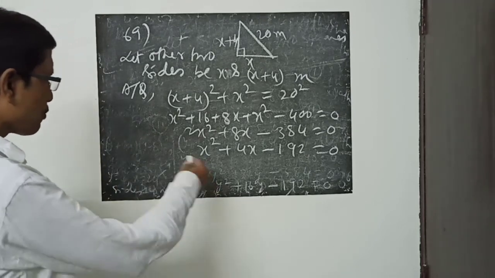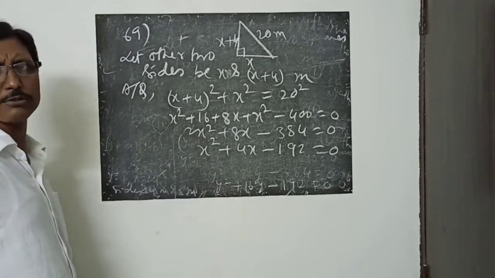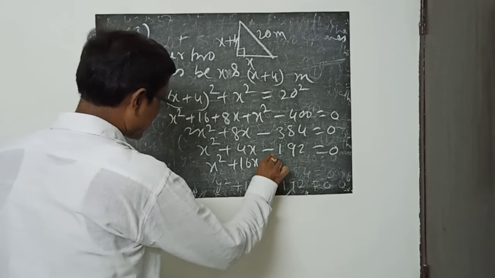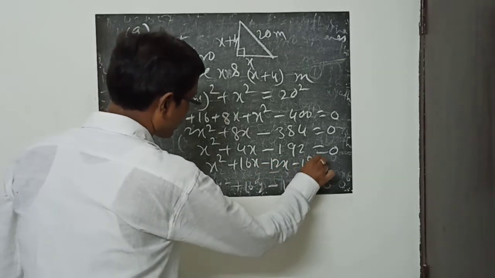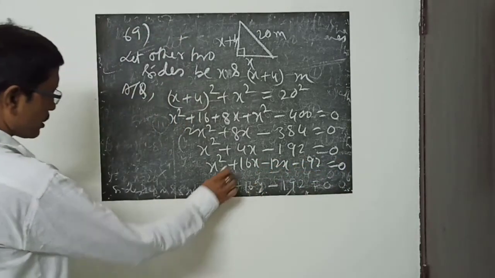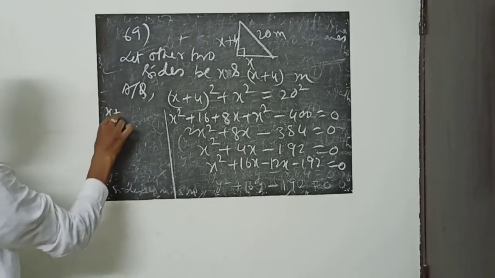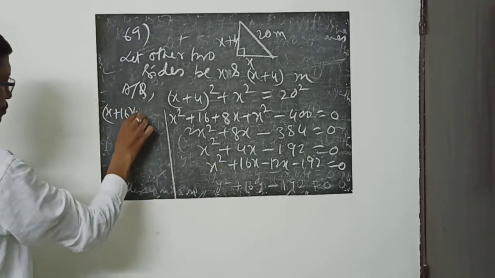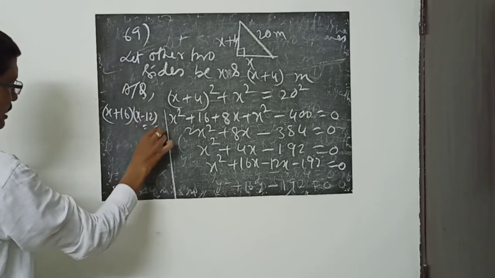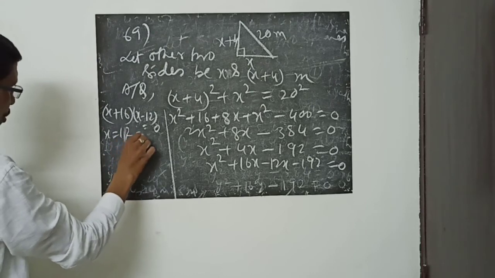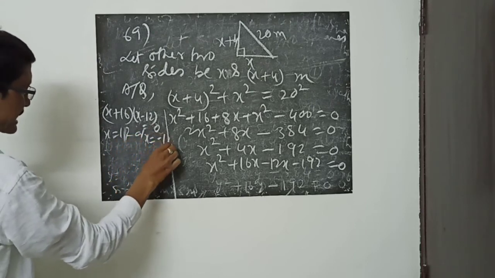So you have to split 192 into two factors such that their difference will be 4. Orally you will get 16 and 12, whose product is 192. Means it will be x square plus 16x minus 12x minus 192 equal to 0. After factorizing, you will get (x plus 16)(x minus 12) equal to 0, so x equal to 12 or x equal to minus 16.